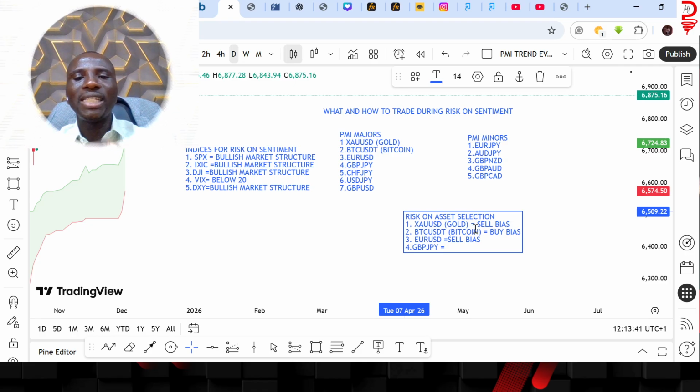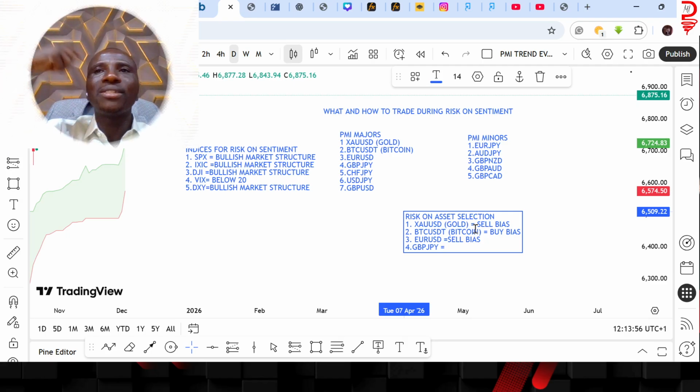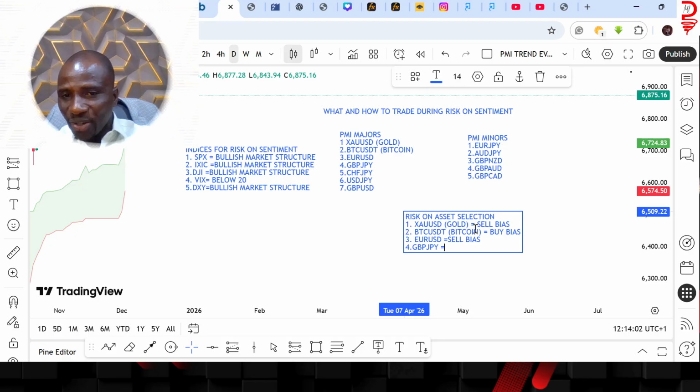Why am I saying this? If you see GBP USD, the bias for GBP USD will be a sell. This is because there is inflow of capital into United States dollars. So that inflow of capital into US dollars has what we call the drag effect. It's going to drag GBP down. Are you getting it now?